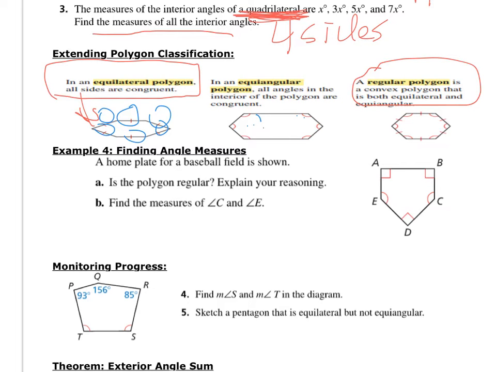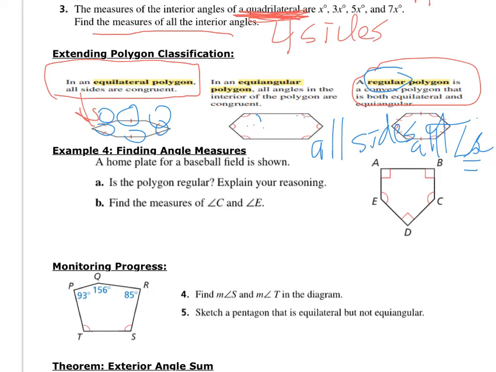If you're told something is regular, it doesn't matter if it's a regular triangle, a regular quadrilateral, a regular pentagon, any polygon, if it is called regular, that means, this is very important, all sides and all angles are congruent to each other. So let's make sure we understand what regular means.